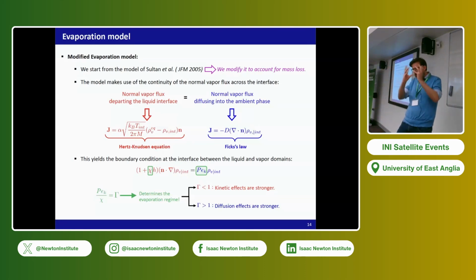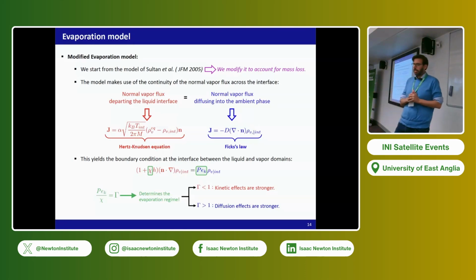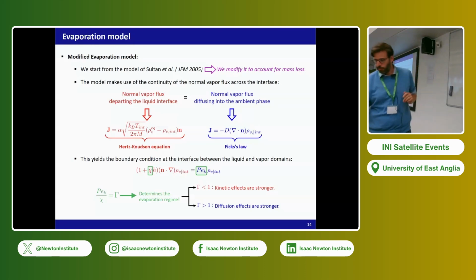In particular, we notice that the ratio of these two, which we call gamma, determines the evaporation regime. If gamma is smaller than 1, the kinetic effects are stronger, okay? And when it goes to 0, it's dominating, and so we have the transfer rate limited regime. When gamma is larger than 1, diffusion effects are stronger, and when we go to infinity, we obtain the purely diffusion limited regime.